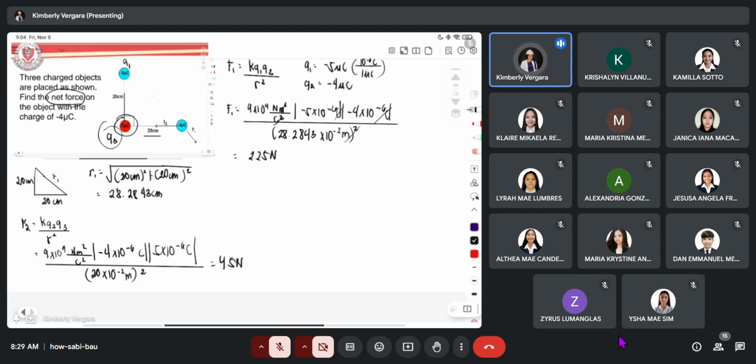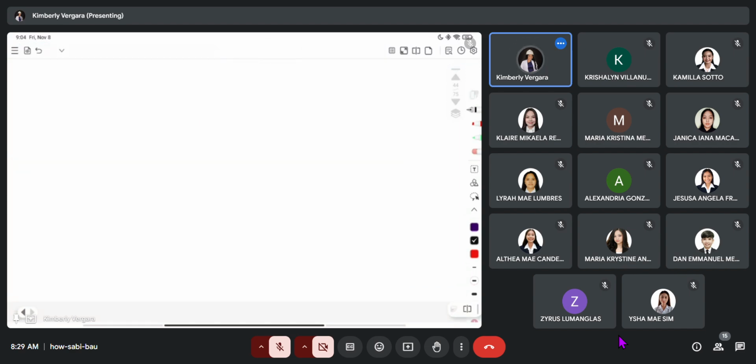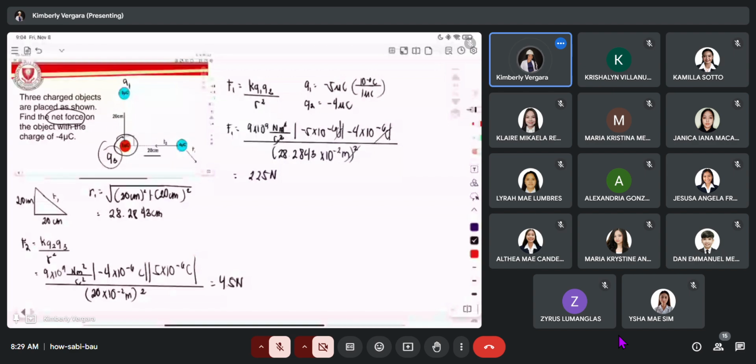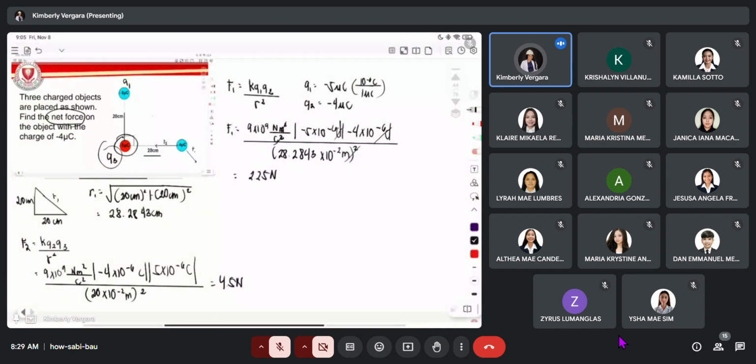Okay. Next. So, paano po si F1 and F2? Si F1 po natin is pababa. So, sabihin natin, ito po yung ating graph.